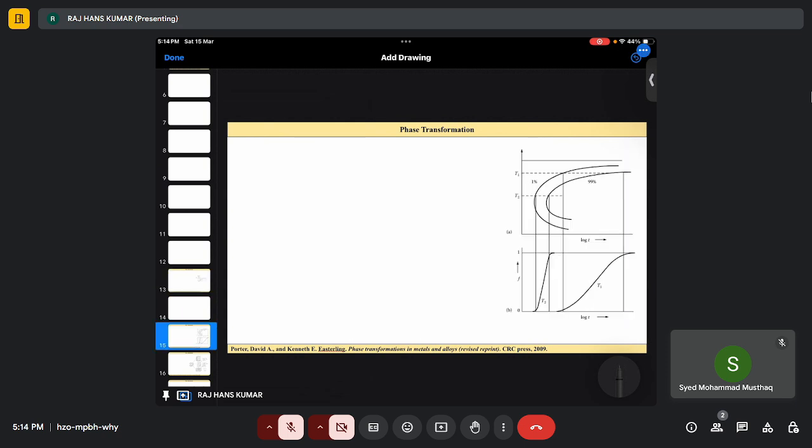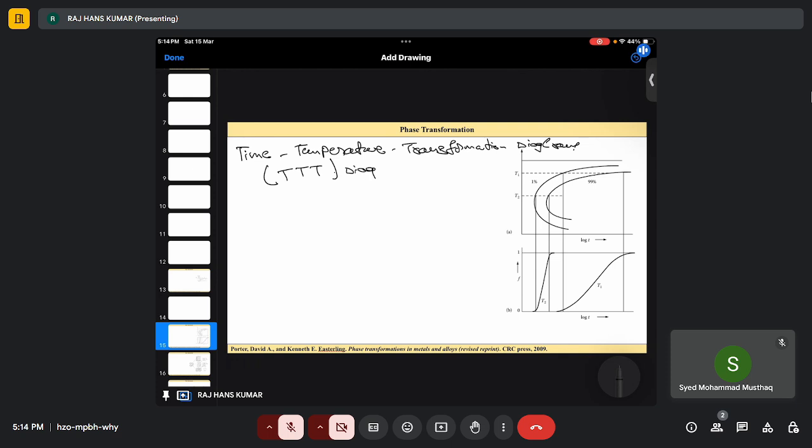Now, I'm not going to prove these TTT diagrams. These are called TTT diagrams: time, temperature, transformation diagrams. In short, we call them TTT diagrams.